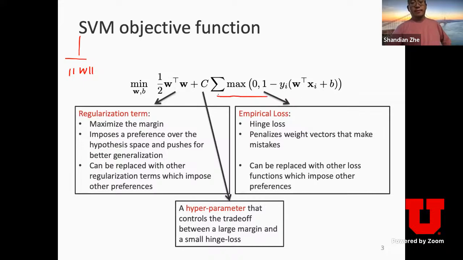So the second term is derived from the constraint, right? The introduction of slack variables, if we could recall, right? So we introduce slack variables to allow some data points to break into the margin. Some data points are excluded from the margin, right? So if you simplify this term and get rid of those slack variables, we have this term, right?